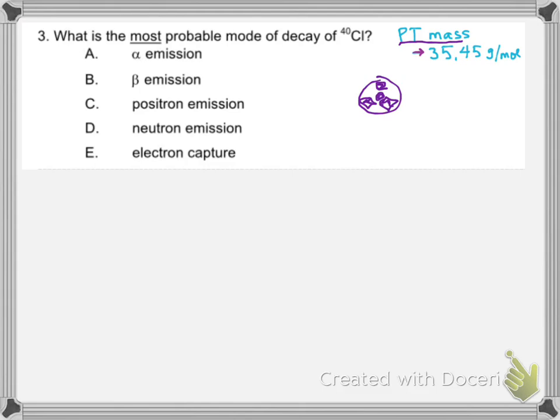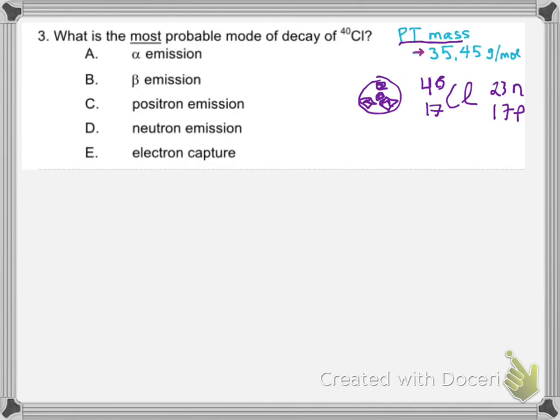So, in our particular isotope of chlorine, chlorine, by virtue of being chlorine, has 17 protons, and chlorine 40 would have 40 minus 17, or 23 neutrons. So, since this is chlorine 40, I'm just going to say 17 protons, 23 neutrons.